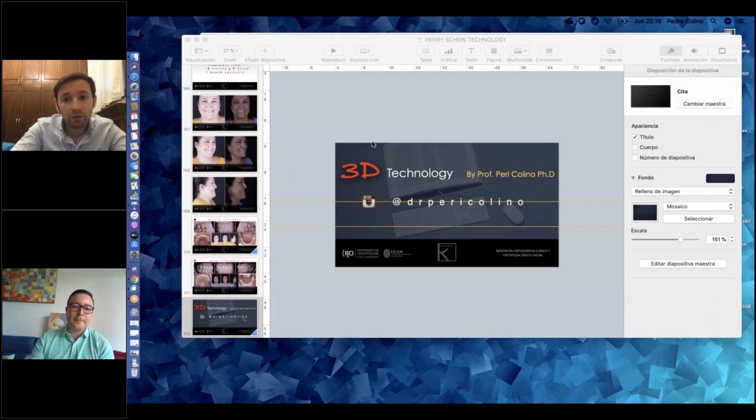Some decisions I make due to the 3D: I don't decide to expand, I don't decide to put brackets, and I go first to the periodontist. So some decisions are made because I have the CBCT. I'm completely sure that you can do good orthodontics without CBCT, but you don't have the same information that I have.